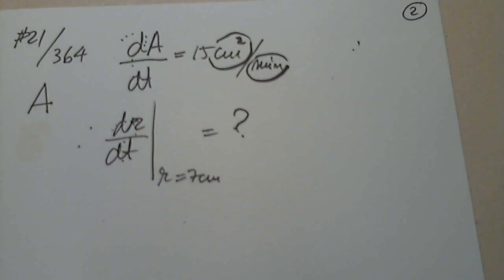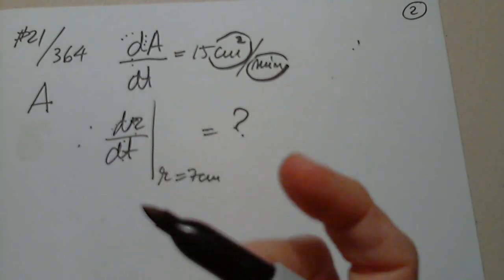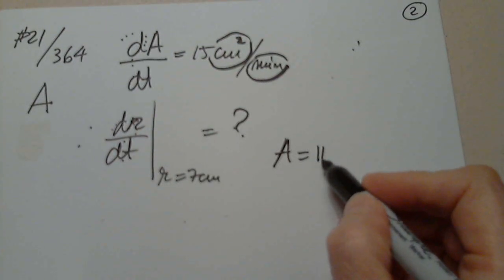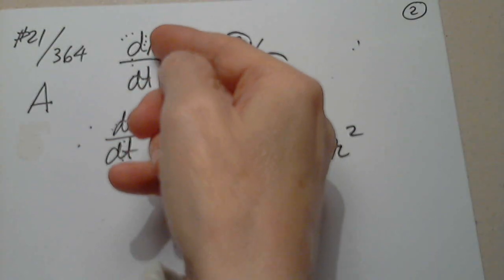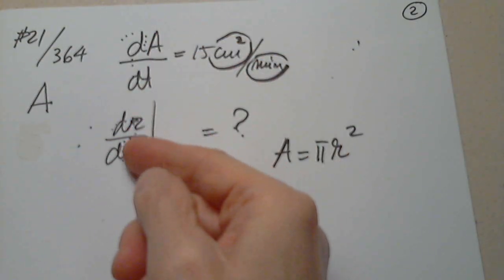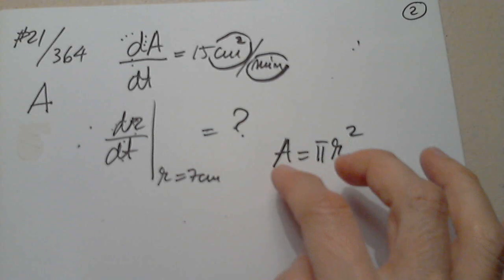Good. The function is not given to us, but we know what it is: the area of a circle is pi r squared. What do you think we need to do to both sides so that we eventually get to this? What should I do to both sides?